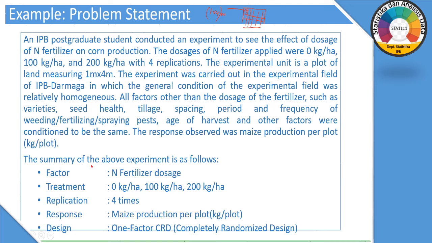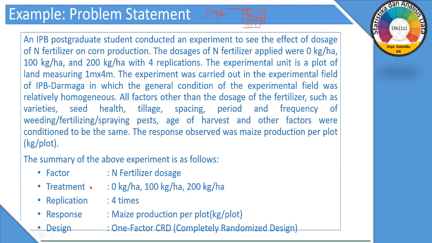So the summary of the above experiment is as follows. The factor is N fertilizer dosage. To simply mention the dosage of this fertilizer, because we use only one fertilizer, let's just put it as dosage.